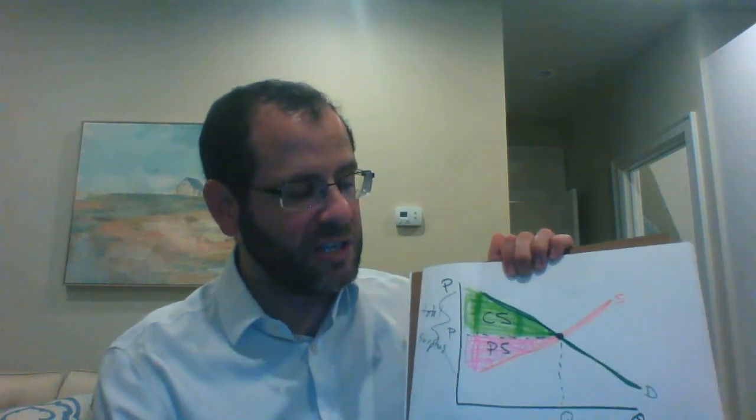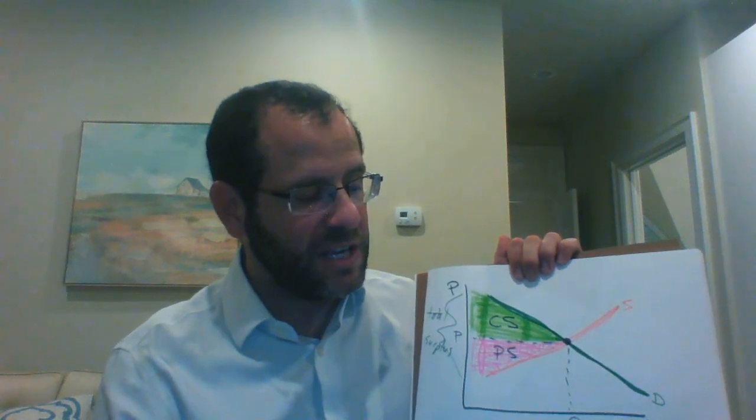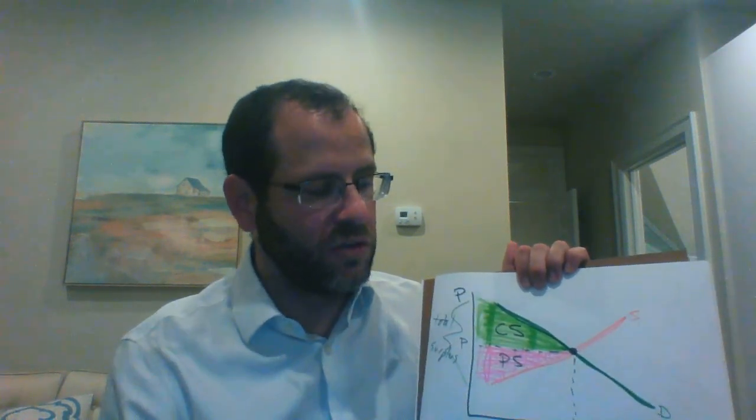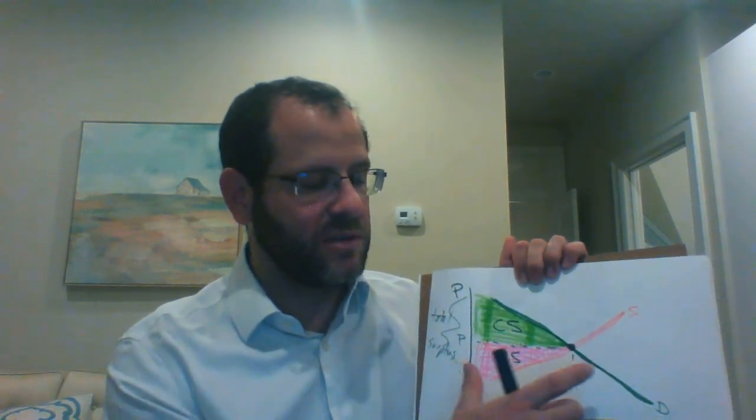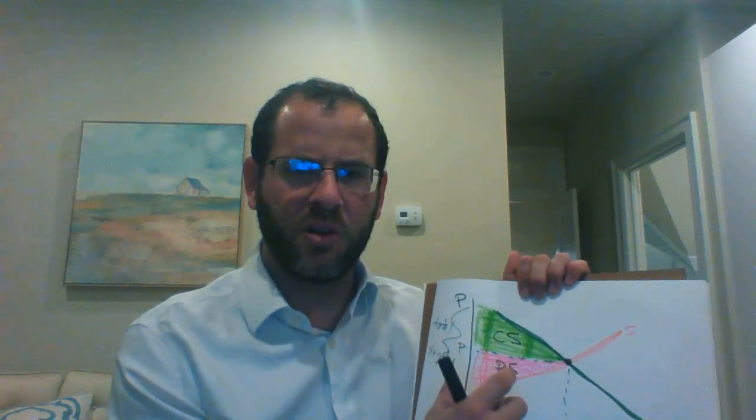So efficiency doesn't say no one could be made better off. Efficiency says no one can be made better off without someone else being made worse off in some way. And so making total surplus as big as possible is efficient because, as we'll see, there are some things that we can do that actually make our total surplus area smaller.